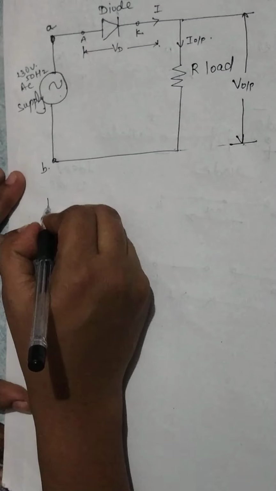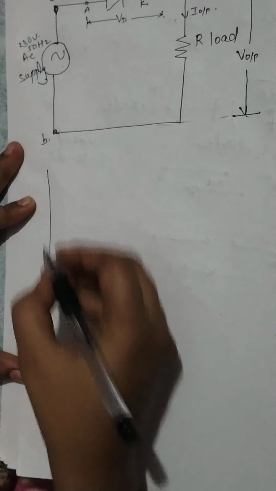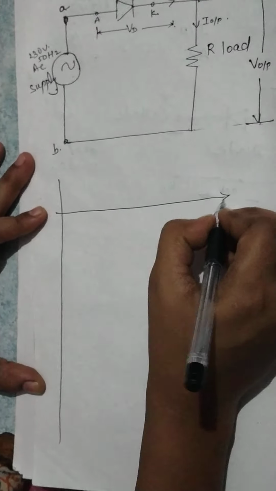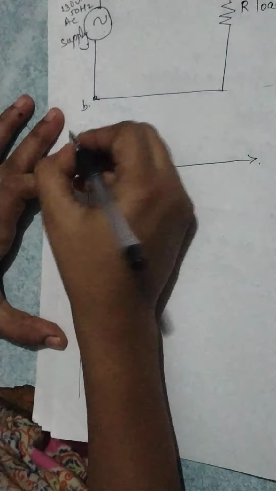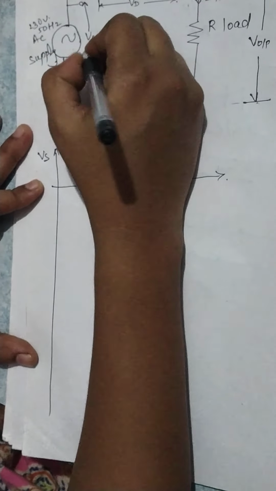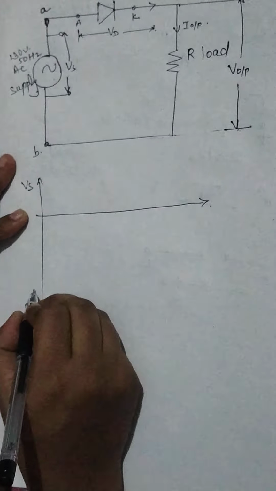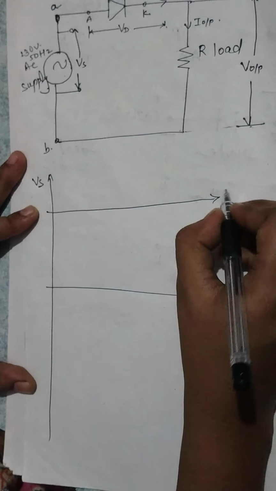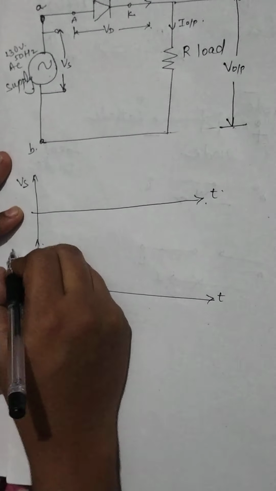Now we will see the waveform as well as the working. This is the supply voltage which we measure across supply, which is Vs. Time axis and amplitude axis.